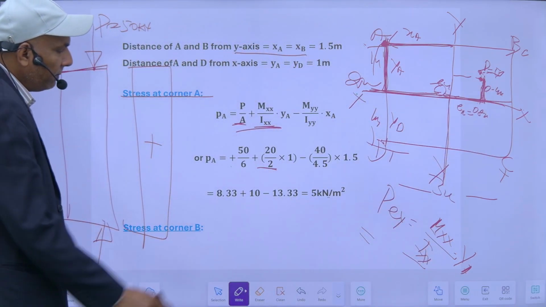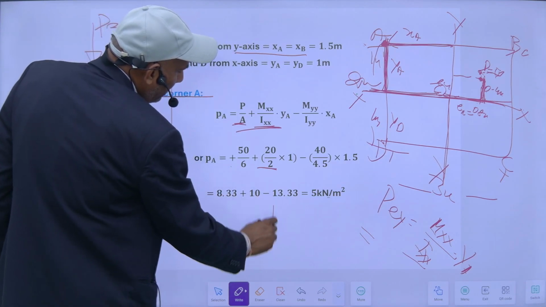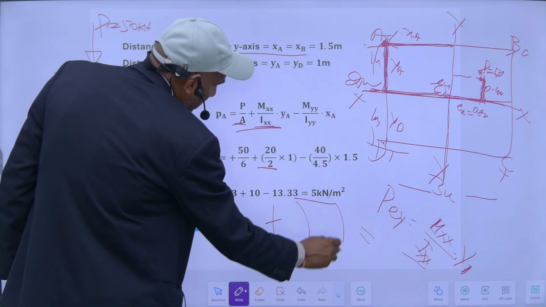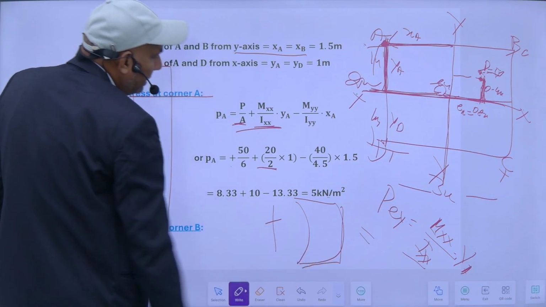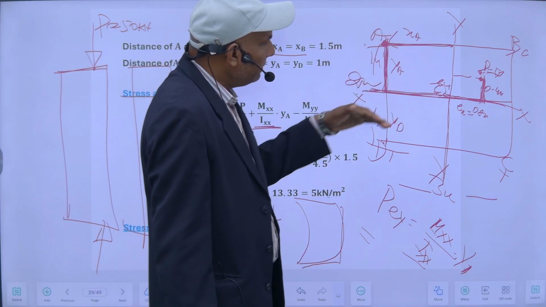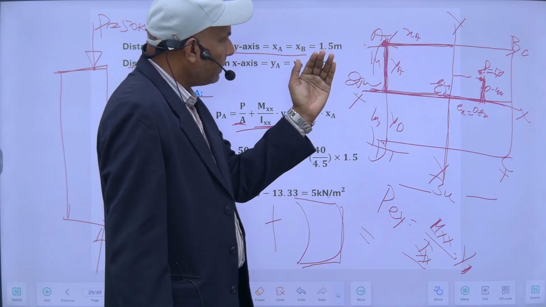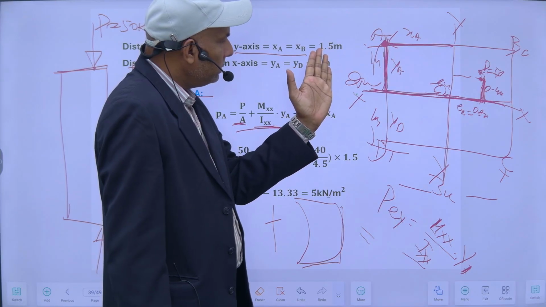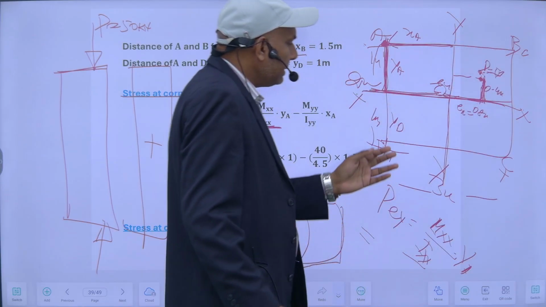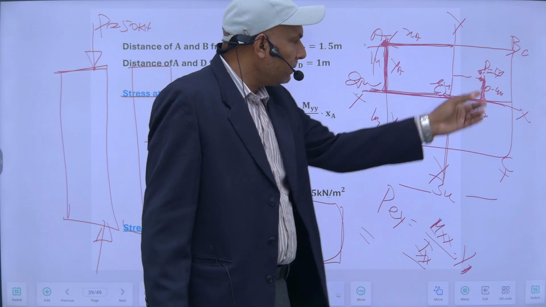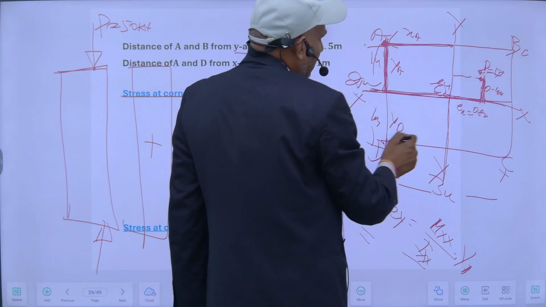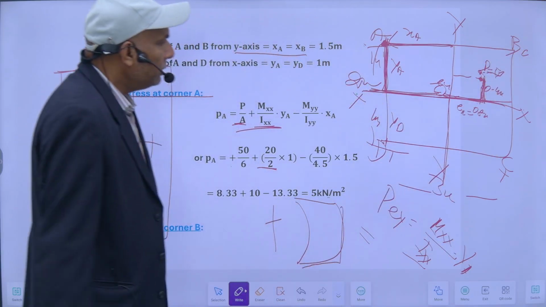So it will bend like this. About this axis it will bend like this. So compressive stress will be developed here and tensile will be on this corner because of this load.